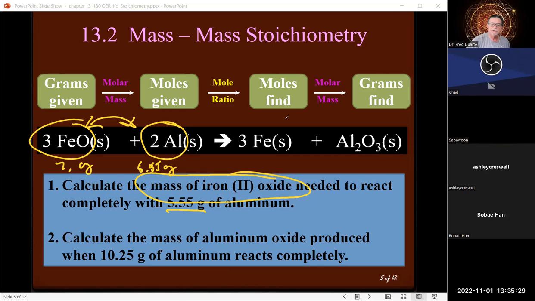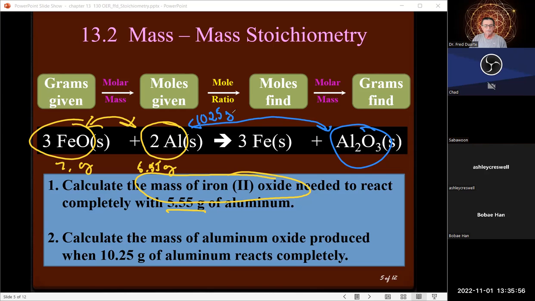Question number two, and let me change the color a little bit, is asking, calculate the mass of aluminum oxide, which is this, produced when 10.25 grams of aluminum react. So we're looking at this relationship between aluminum and aluminum oxide.